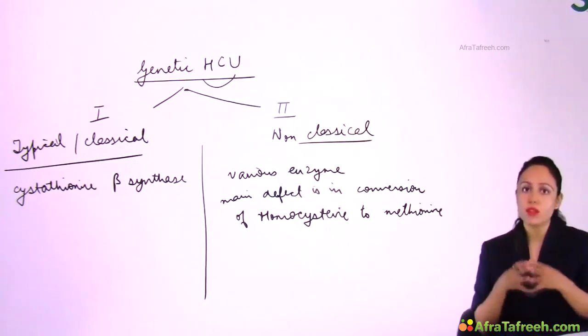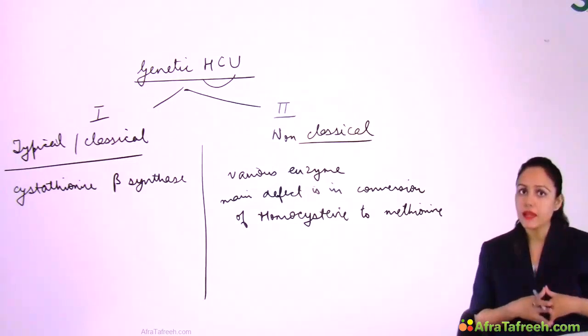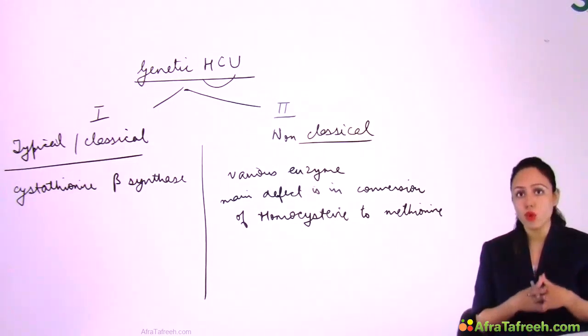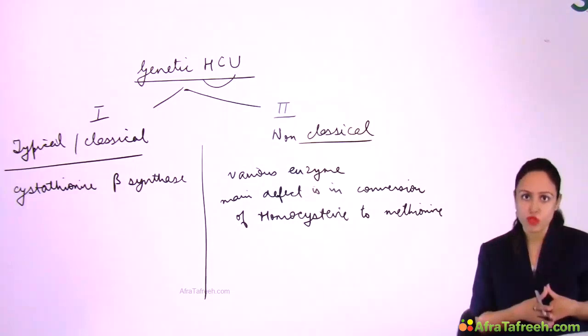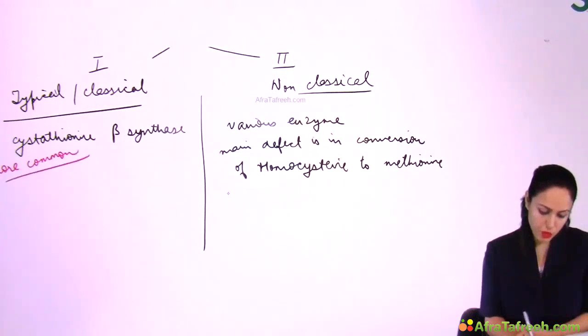In short, the defect is in the formation of methionine from homocysteine, and in type 1 the defect is in the formation of cysteine from homocysteine, right? Now type 1 is more common as compared to type 2.